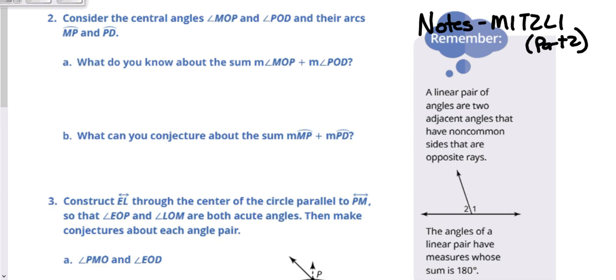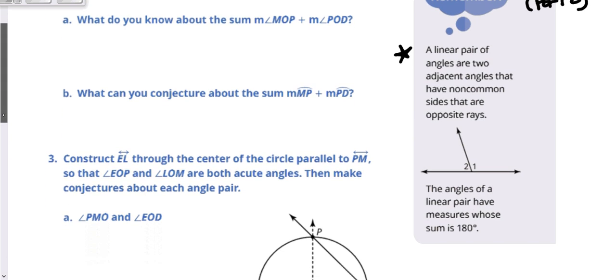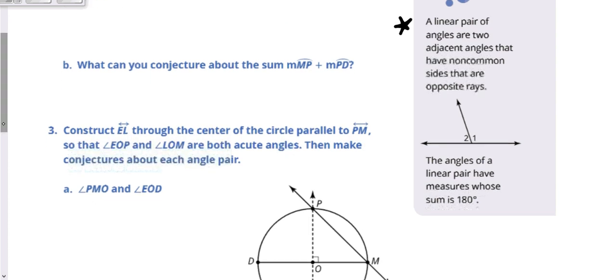So again, a reminder, a linear pair of angles are two adjacent angles that have non-common sides that are opposite rays. So basically, the example here for angle 1 and angle 2, and they are a measure whose sum is 180 degrees.